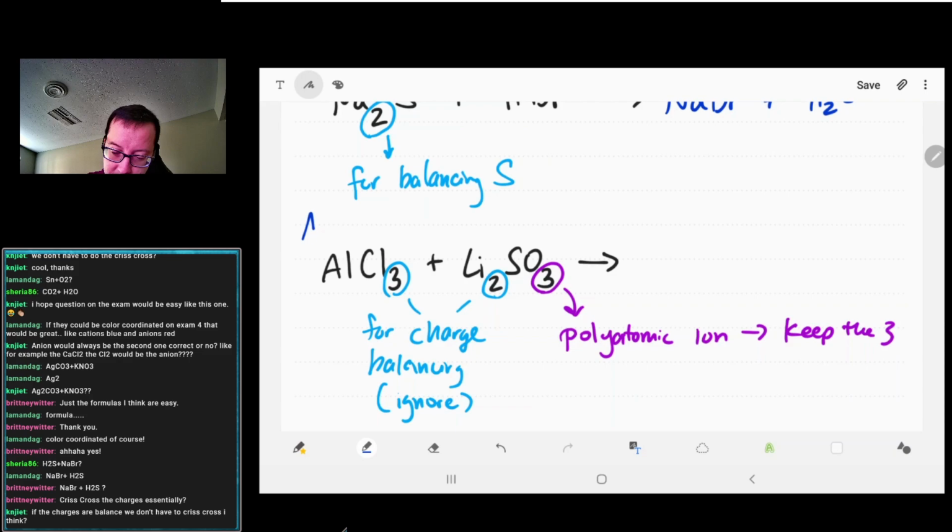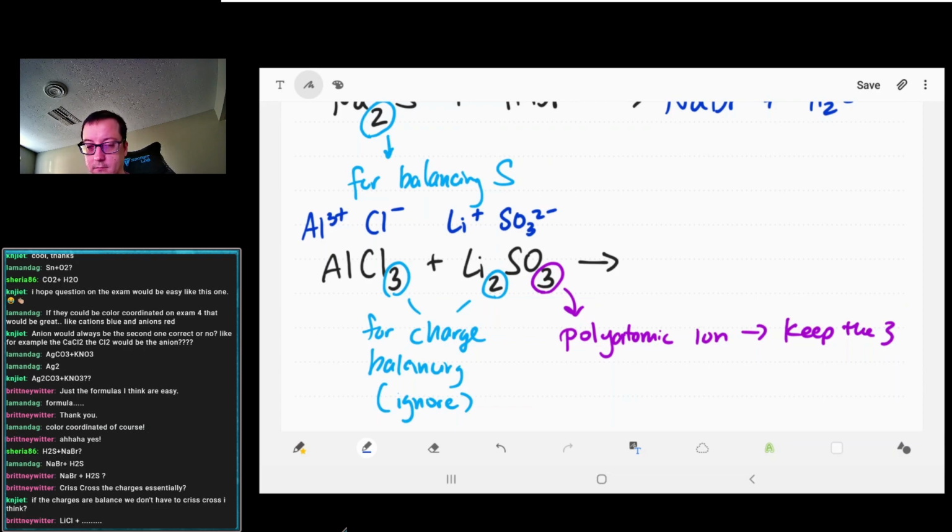Okay, so this one is made of those 2 ions. And the second compound is made of those 2 ions. So what are we going to get out of this? LiCl, yeah, that's good.